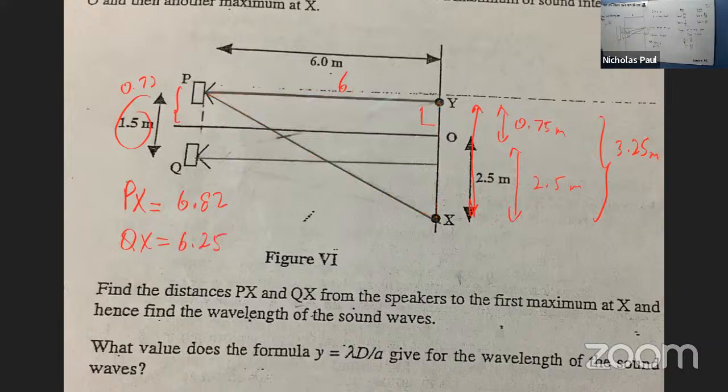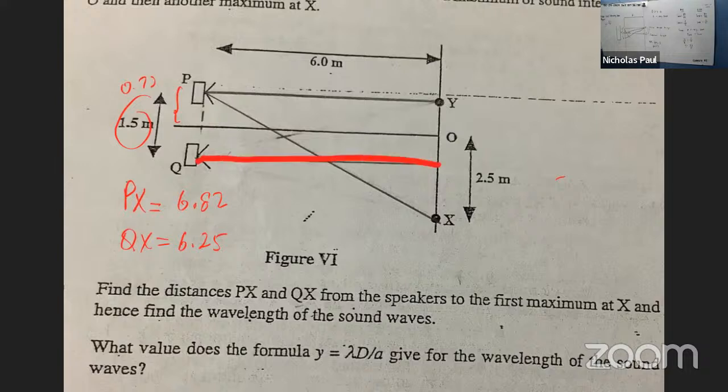Nikolai, since you don't understand, tell me what these lengths are. First thing I do is figure out the triangle. Right, so you go in here, coming down here, and coming here. Here is 6. How much is here? 1.75, right, 2.5 minus 0.75.